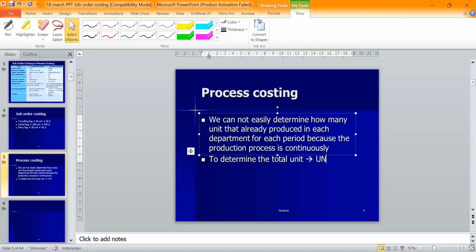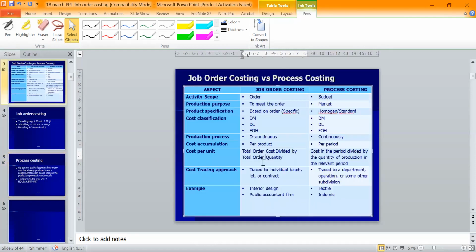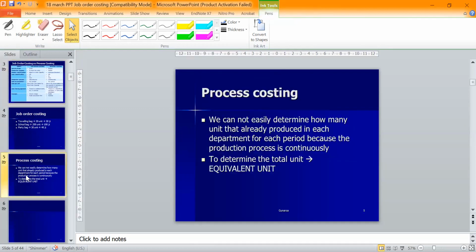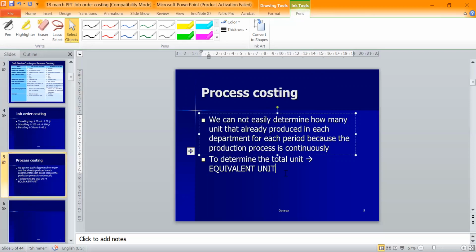We're using the concept of equivalent unit. The formula for the cost of production per unit in the process costing is just the same, the total cost divided by the total unit. But determining the total unit in the process costing is a big issue, so we need an assumption, a calculation itself, to determine the total unit by using the equivalent unit concept.